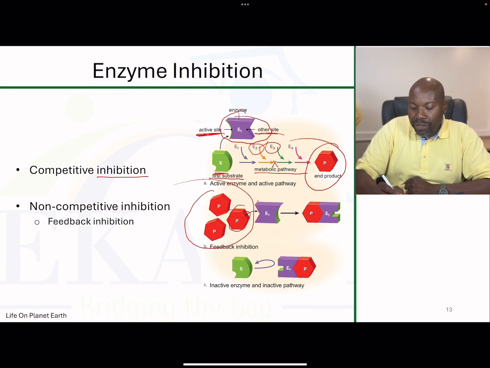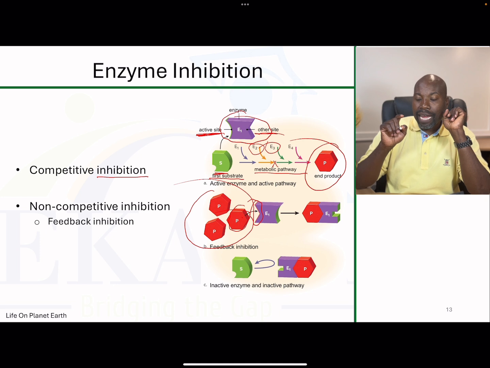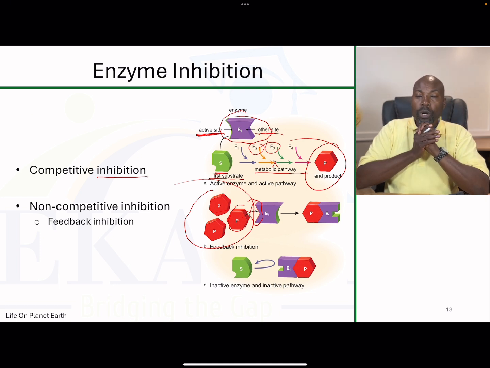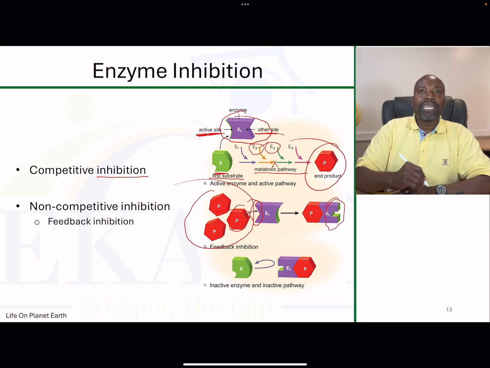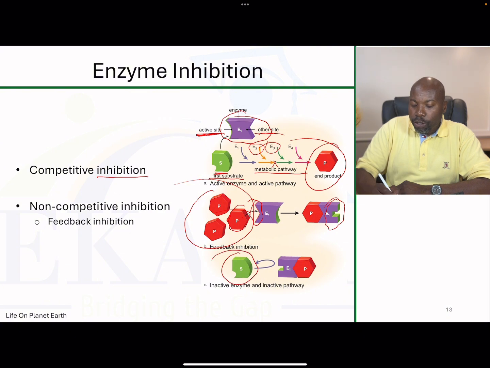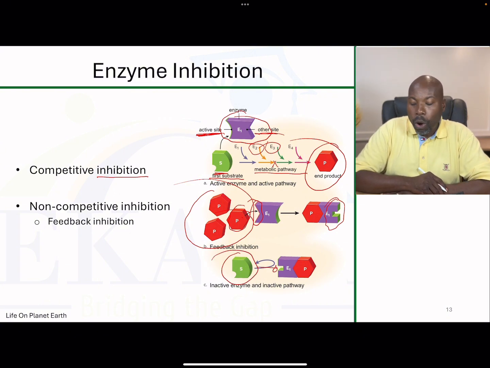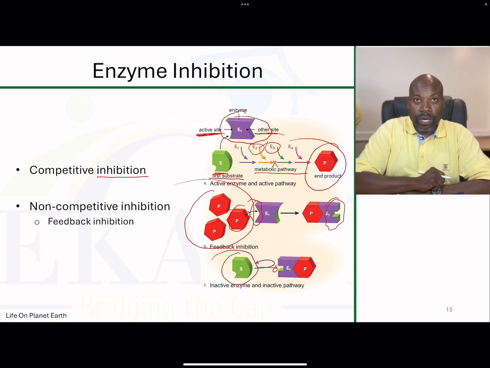When the product attaches to the other site, not the active site, that binding is going to cause an overall conformational change of enzyme 1, so that the shape of the active site is going to change, and the substrate is not going to be able to recognize the active site anymore, or rather the active site will not recognize the substrate anymore.